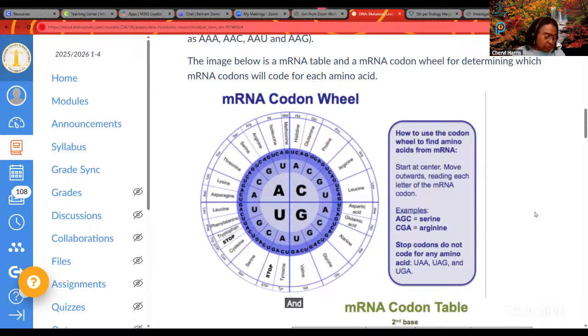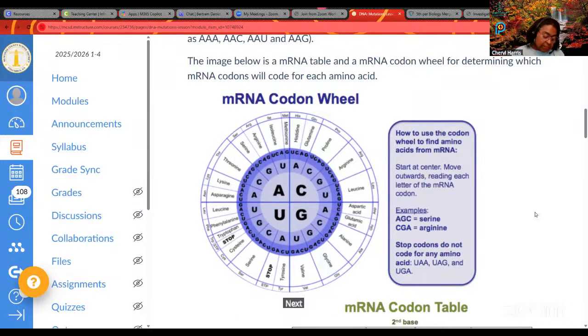And that's going to be CYS, which is cysteine. Then we have UGC, which is also the same. That's 2 different ways to get that same amino acid.